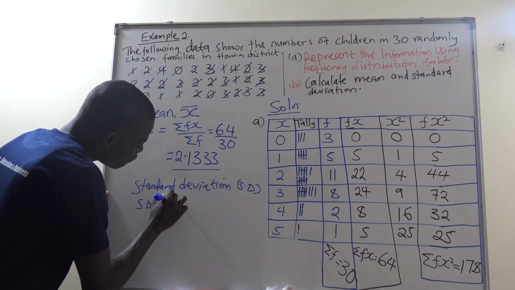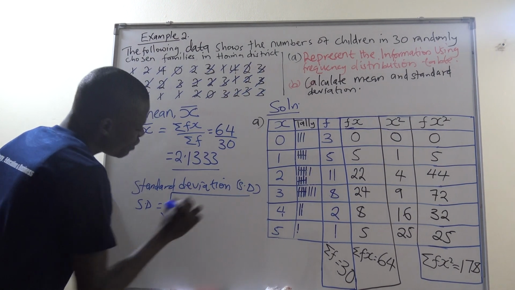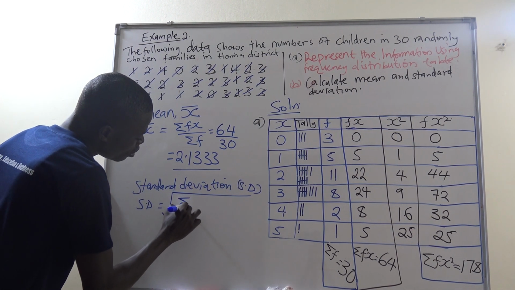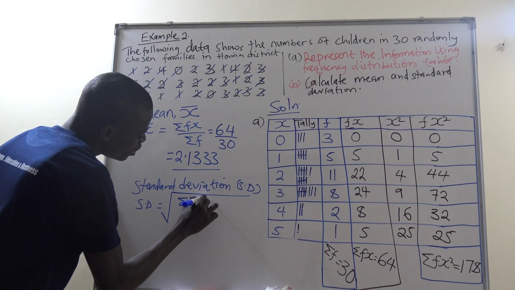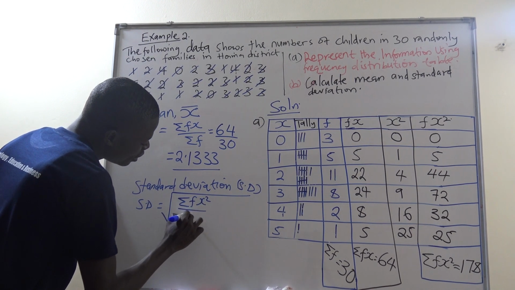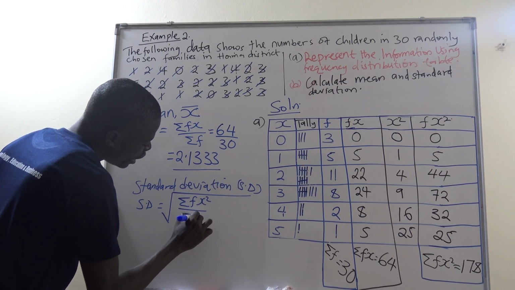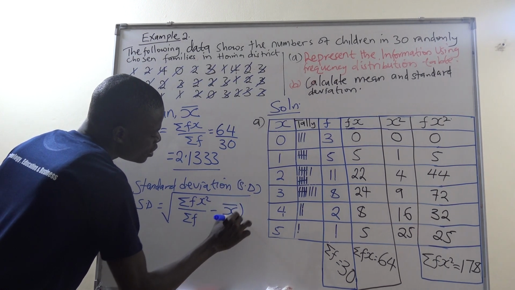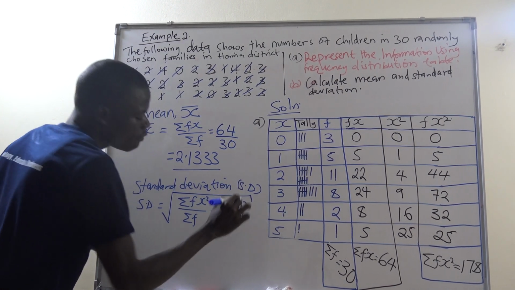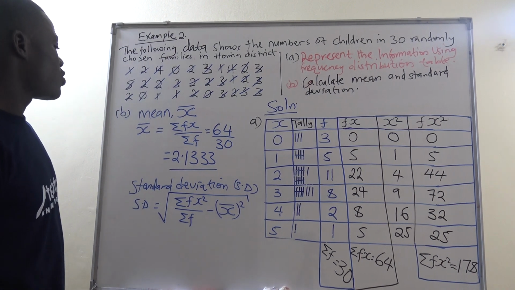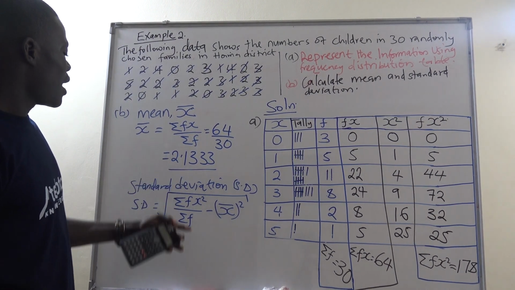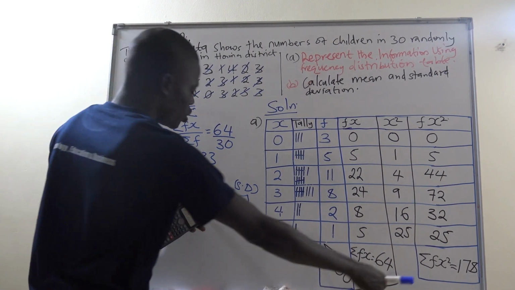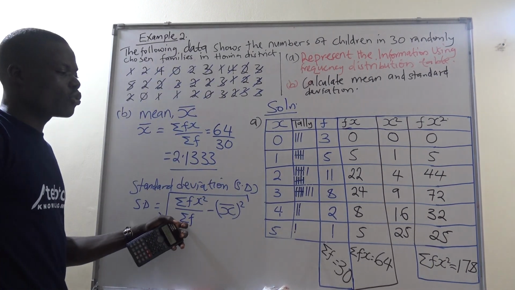The second formula says that standard deviation is given by the square root of summation of fx squared over summation of f minus the mean squared. So that's the formula which we shall use. Since we have got the mean, we have the summation of fx squared, which is here, and we have the summation of f.